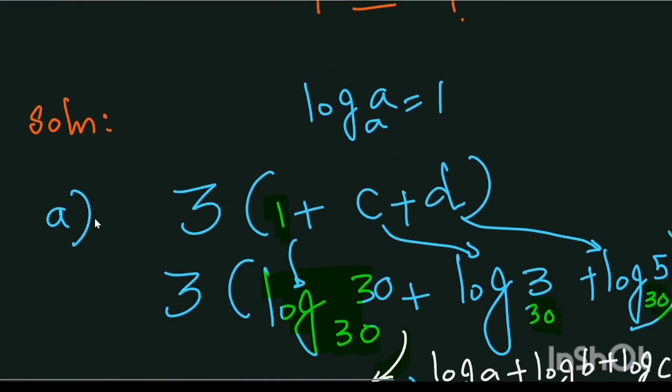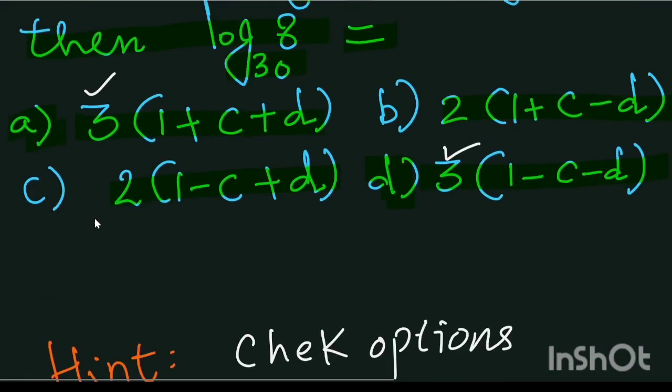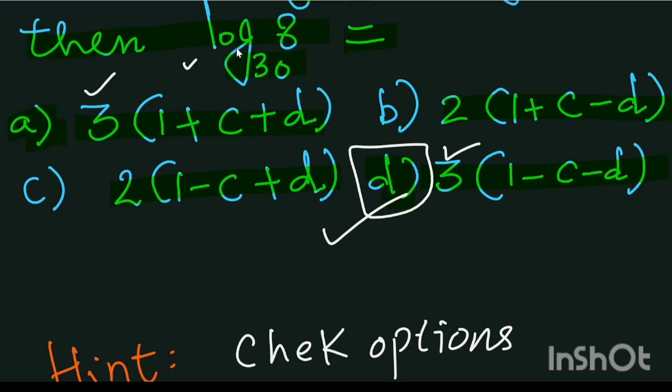So the answer to this question is D. So what we did, we checked the options, and we solved this question also. We started checking from A and D instead of the regular A, B, C, D order.